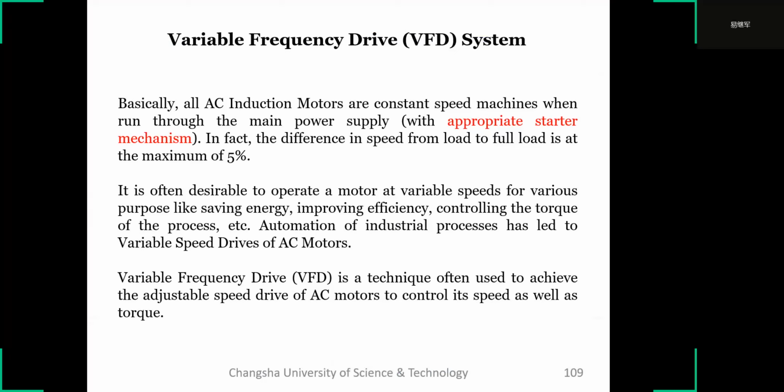So it's important for us to know how to control the motor in the design. You need to design the circuit, design the mechanical, and design the code to control the running of the motor.